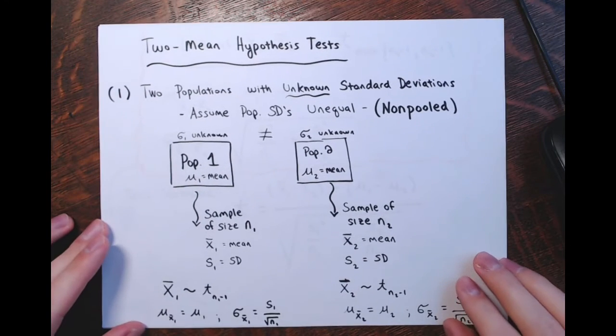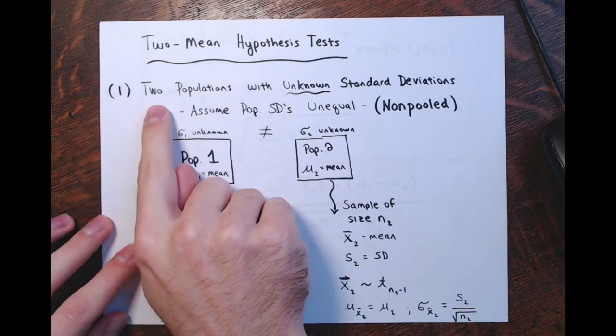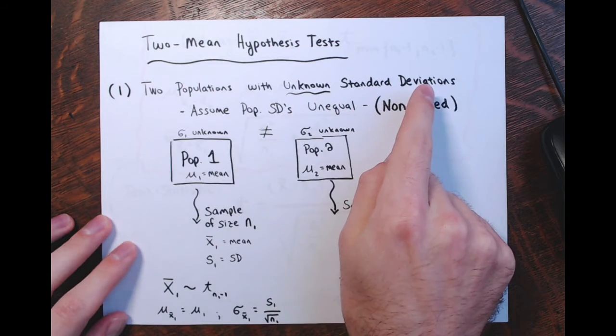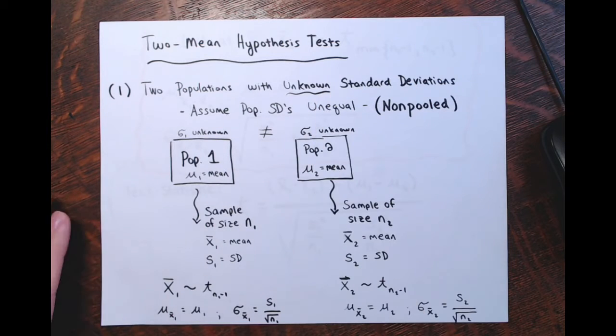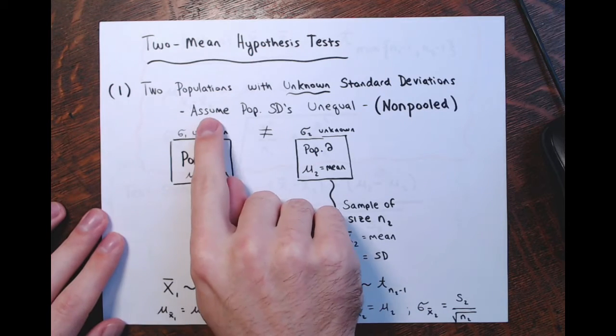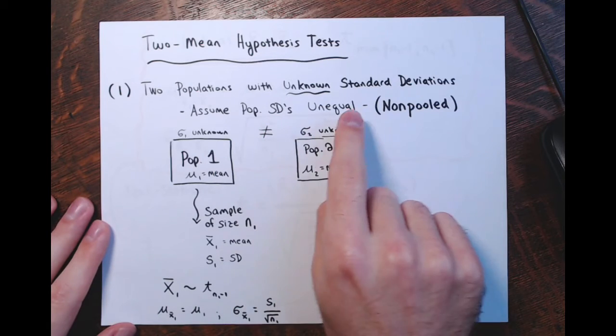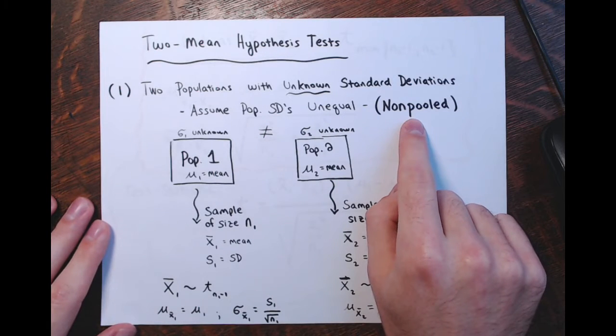When you're conducting a two-mean hypothesis test where the two populations have unknown standard deviations, that just means you're going to be working with a student's t-distribution instead of the normal. And if we assume population standard deviations or variances are unequal, this is that non-pooled scenario.